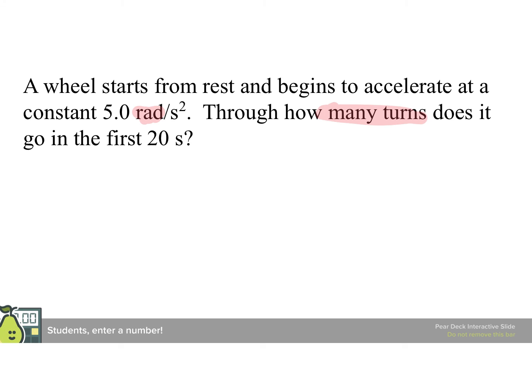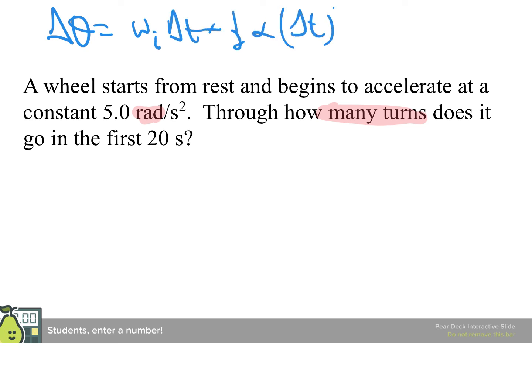All right, well, looking at this, we want position information, stuff about theta, and we have an initial velocity, and we have an acceleration. So we're probably going to want to use that delta theta is omega initial delta t plus 1/2 alpha delta t quantity squared. So over here we'll say delta theta is, well, it starts from rest, so that's good.